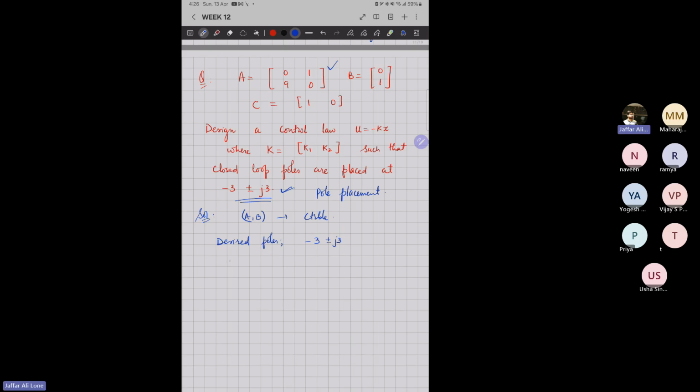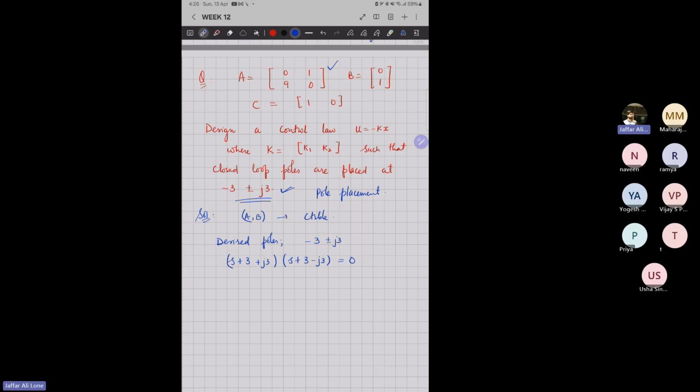Right? (s + 3 + j3)(s + 3 - j3) = 0. Can I write like this? Because then my poles will be s equal to -3 plus minus j3. That's it.